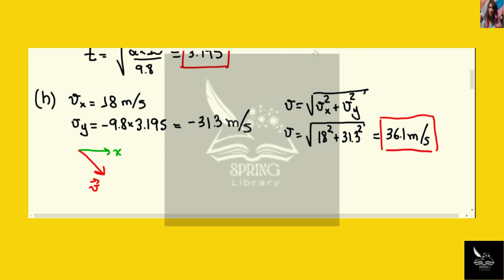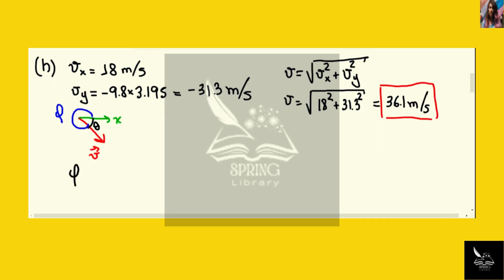And then we want to calculate the angle between the x-axis and the velocity. Actually what we want is this angle here, phi. In order to do that, I'm going to calculate theta and use the relation that phi plus theta equals 360.